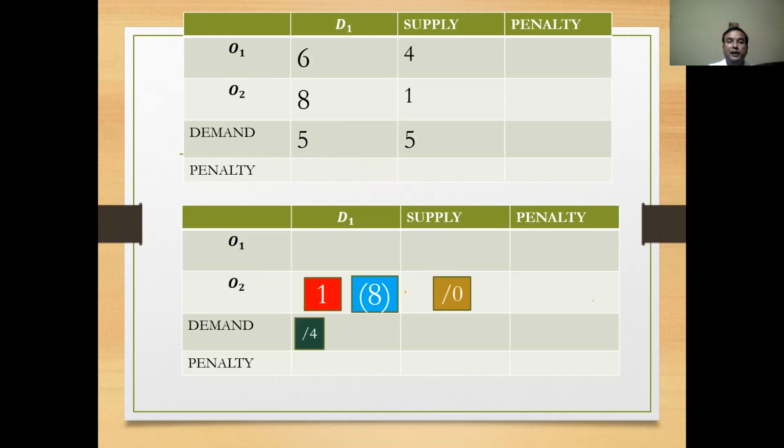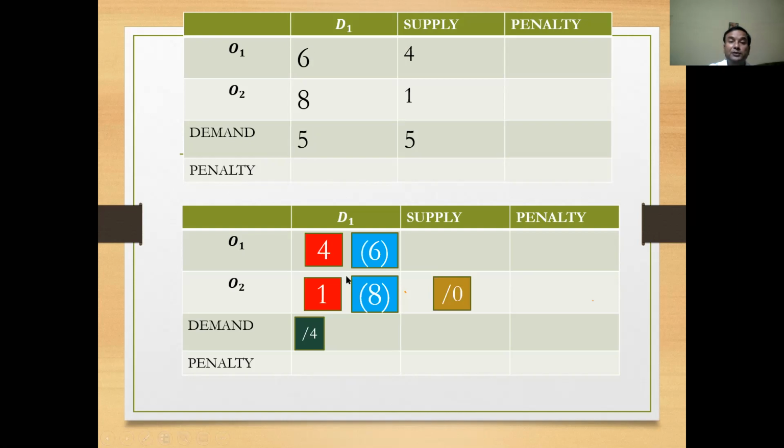Here you can directly go 6. Some steps were actually done wrong. This 6 has to come first, and if 6 comes, then out of this 5 demand and 4 availability, we can provide only 4 items there.